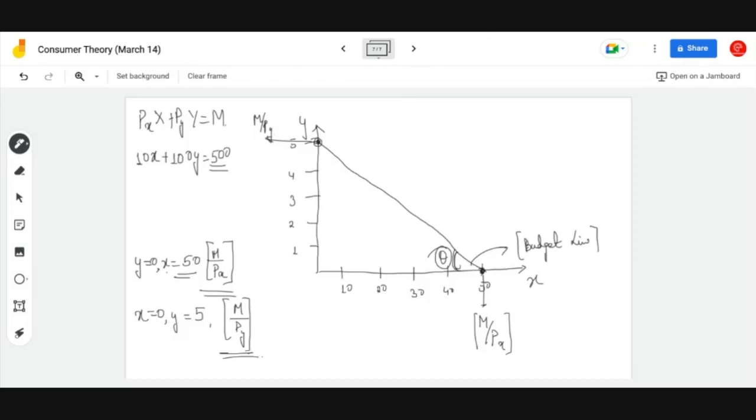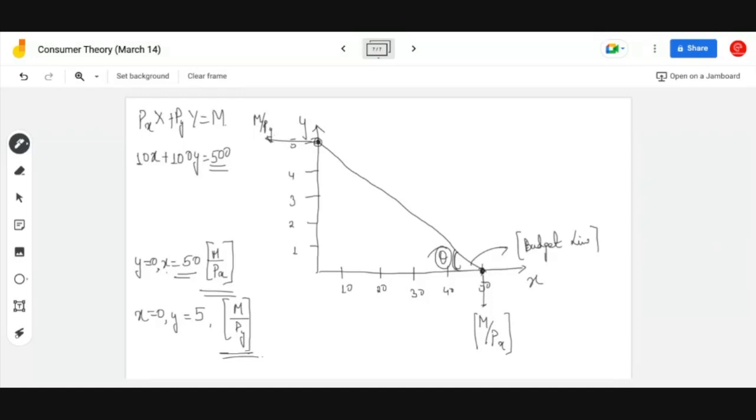We know that slope is minus Px upon Py, but what is the mathematical method to find this slope? I've written theta over here, right? By differentiating, partial differentiation.